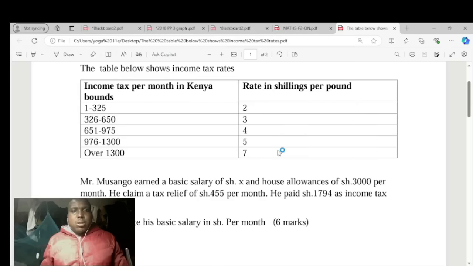The table below shows tax rates. Income tax per month in Kenya pounds. So here it is in Kenya pounds.